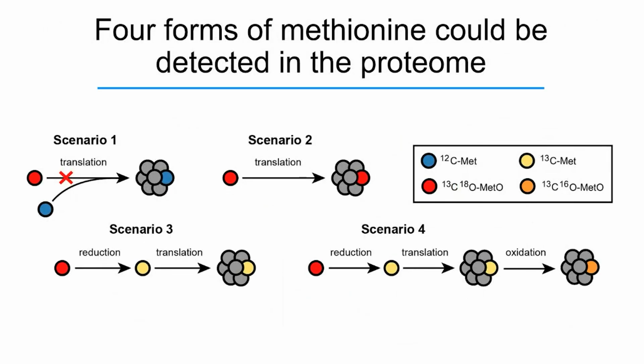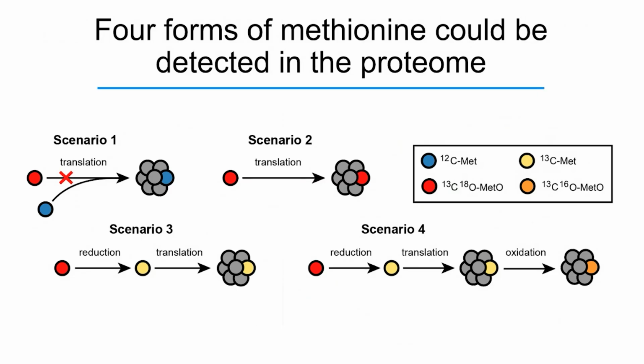So in the data I'm going to show you, these are the 4 different types of methionine that you could see. I am adding a 1-to-1 ratio of light methionine and heavy methionine. So you will get some normal C12 methionine in the mixture. But if what we hope to happen is actually happening, you would see this C13 and O18 methionine sulfoxide, which is designated red.